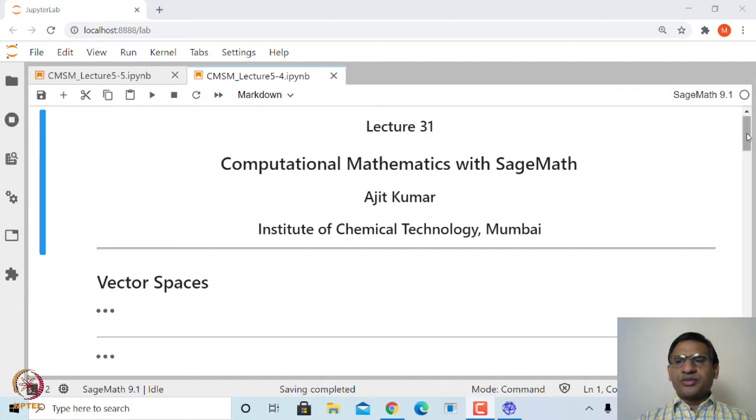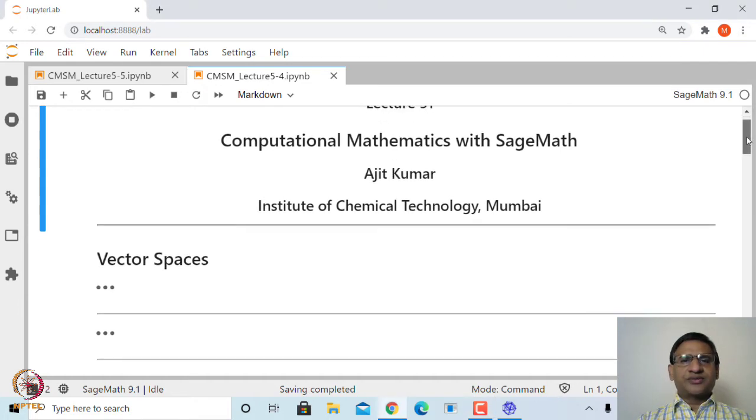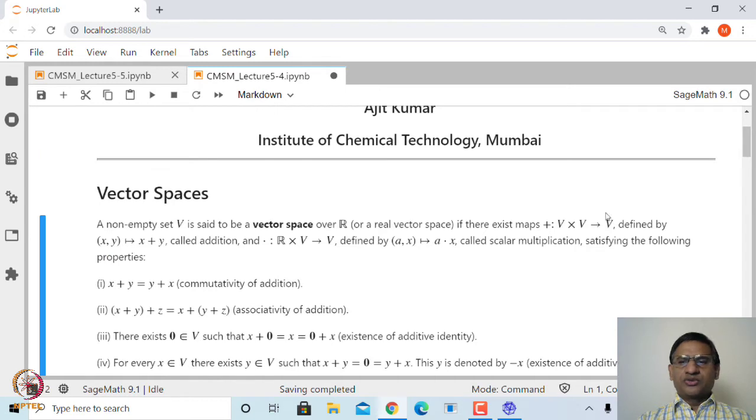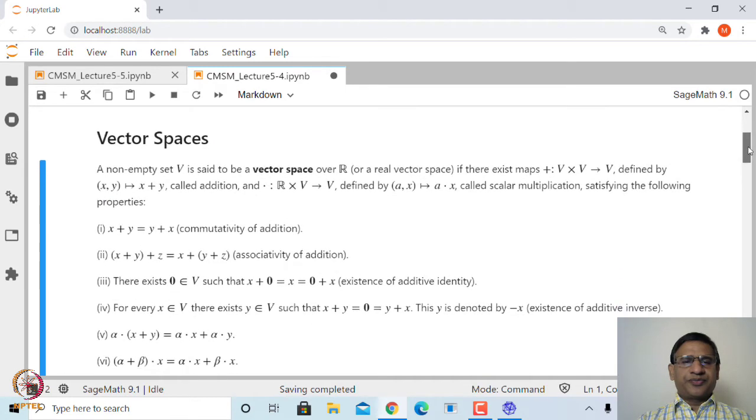Before we look at how to define vector spaces in SageMath, let me just recall the definition of a vector space. If you have a non-empty set V, we say that this set is a vector space over R, or it could be any field, if there exist two maps.